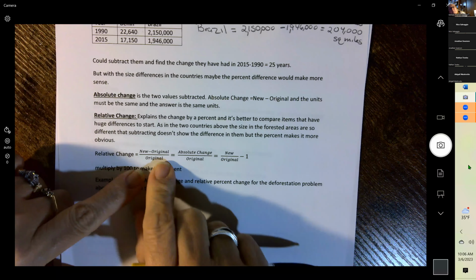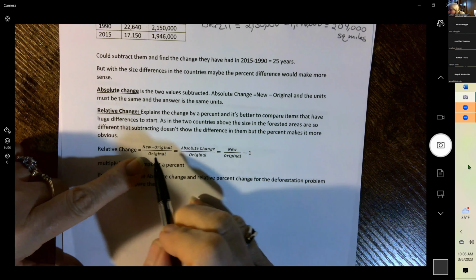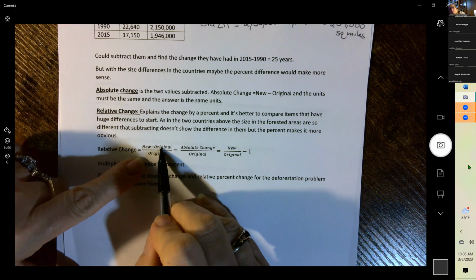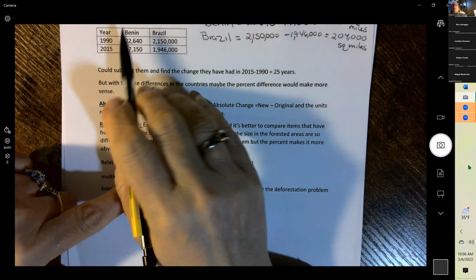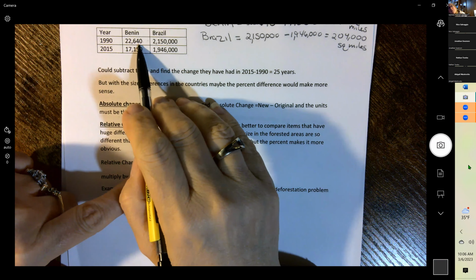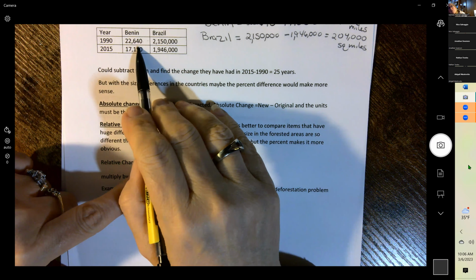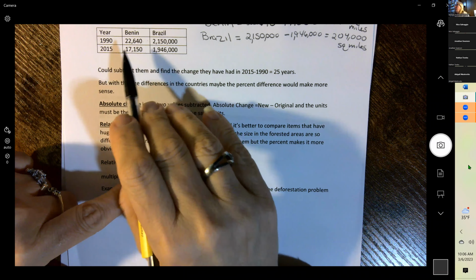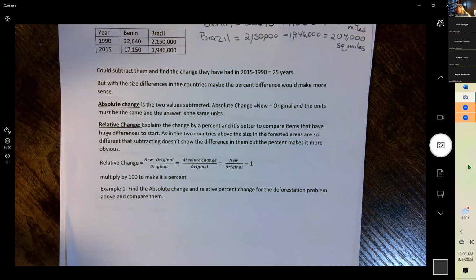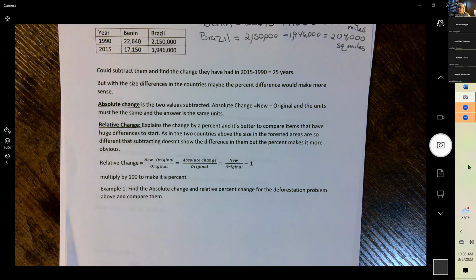To find the percent, new minus the original divided by the original. So original would be the size of the forest in 1990, and this would be the new size. Now the book uses Q sub 1 minus Q sub 0, and who knows what those stand for.